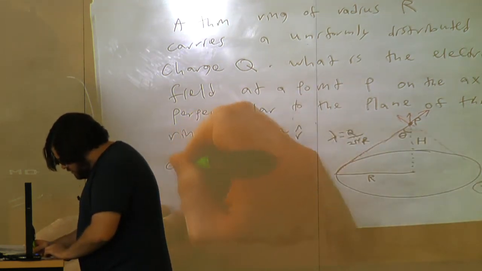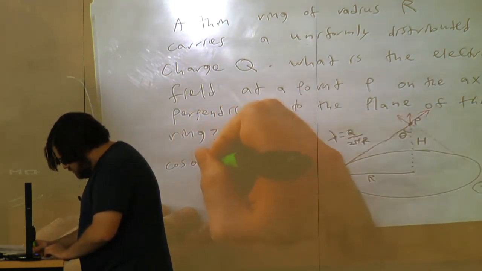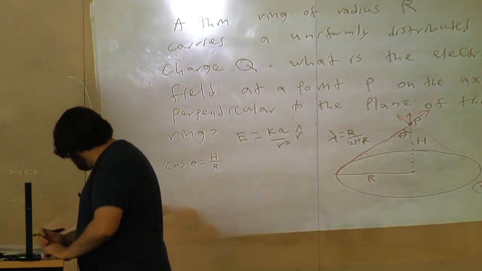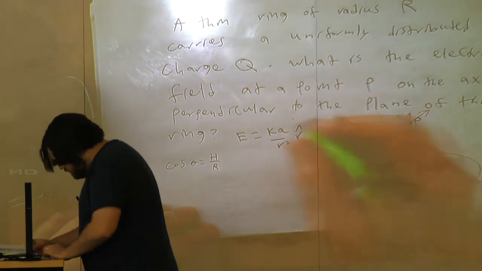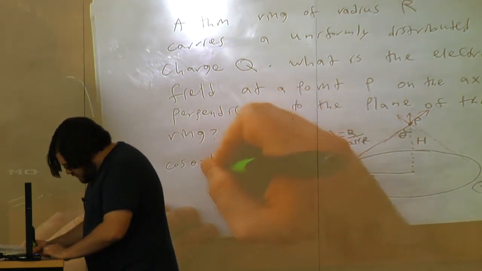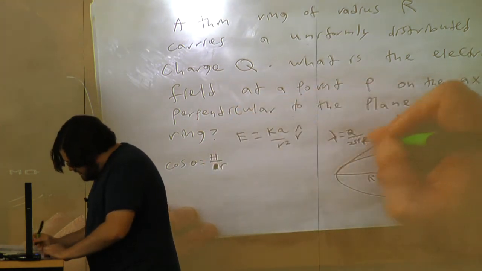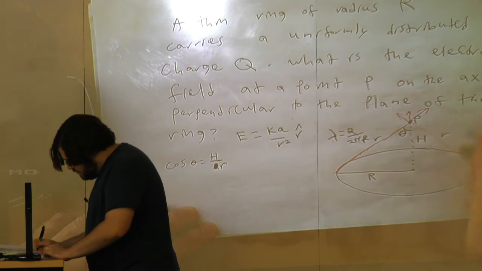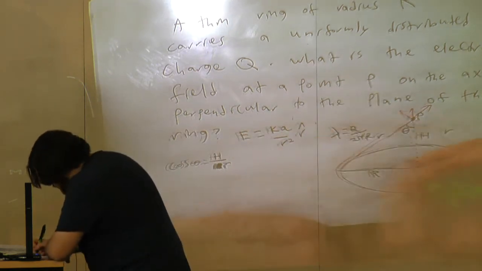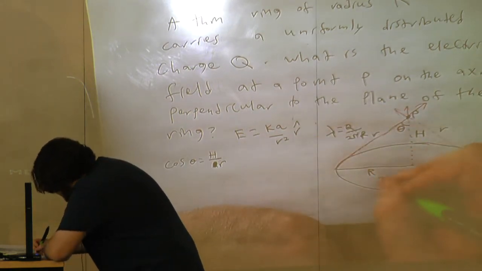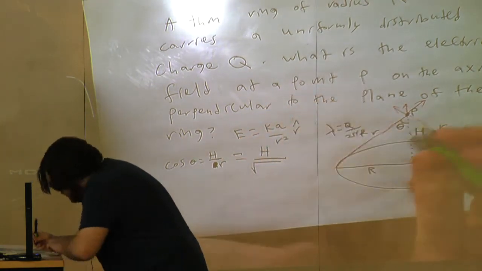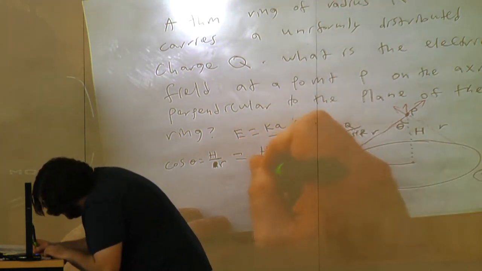Cosine theta is equal to height over little r, which is the distance from the ring to the point, and that distance is the square root of h squared plus r squared.